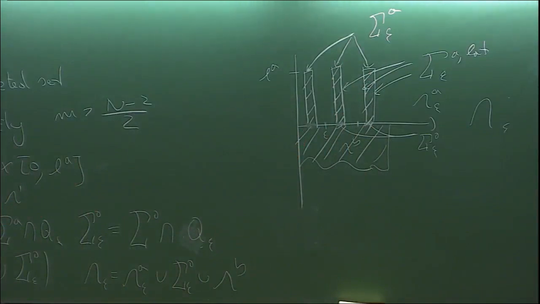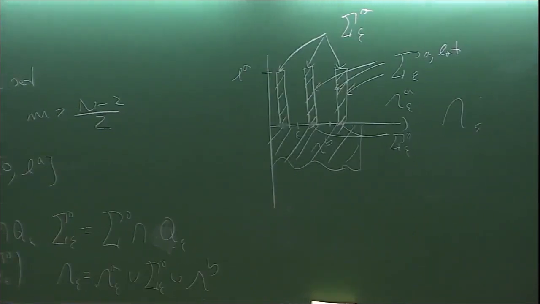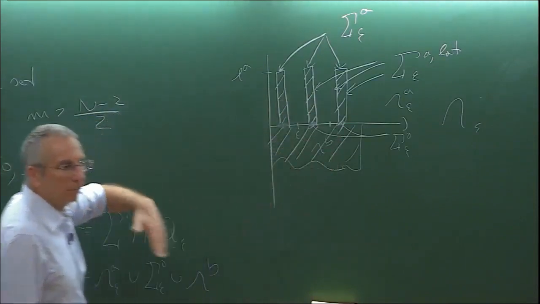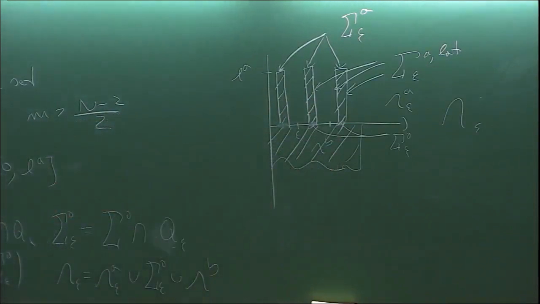Then when epsilon tends to 0, the thickness of each tooth becomes smaller and smaller, but the number of teeth increases. Roughly speaking, these teeth fill this region, okay? Then this is our domain.